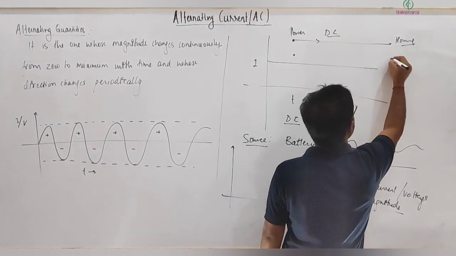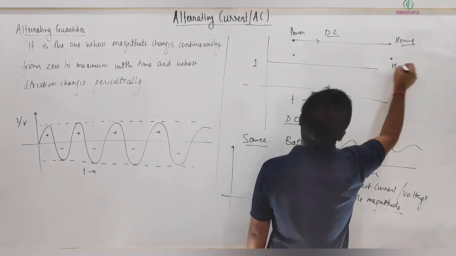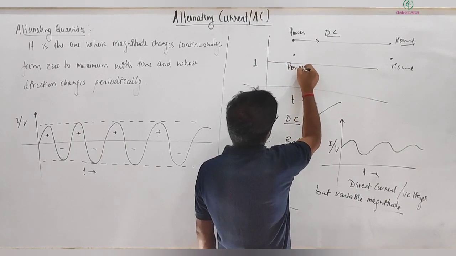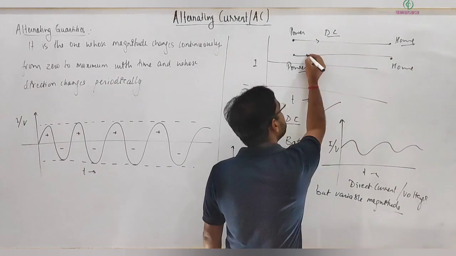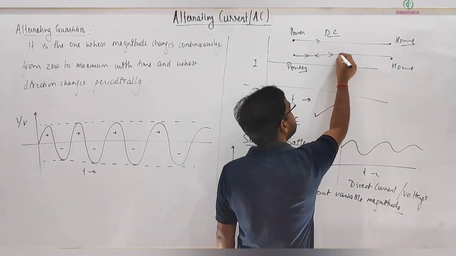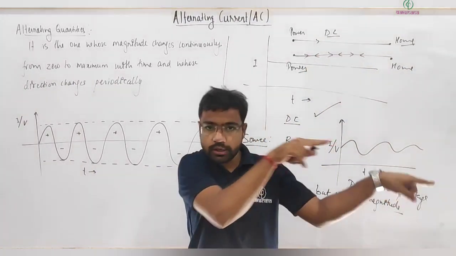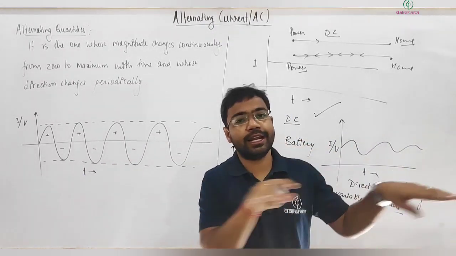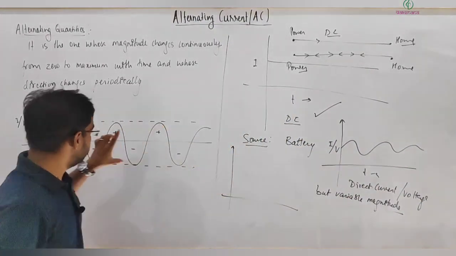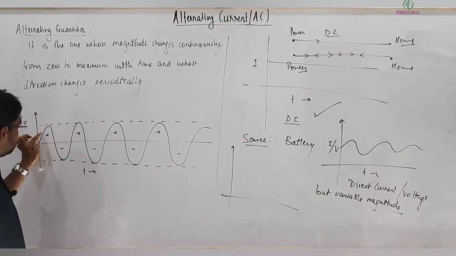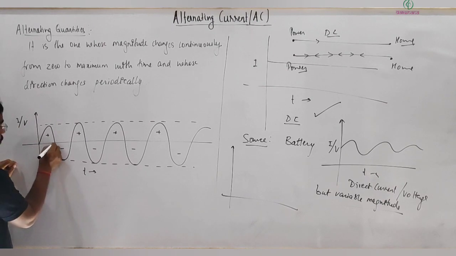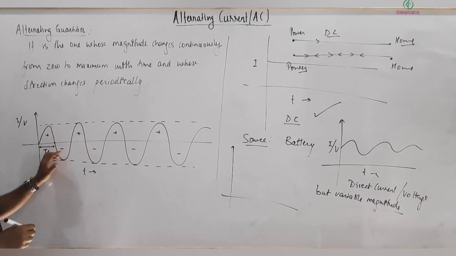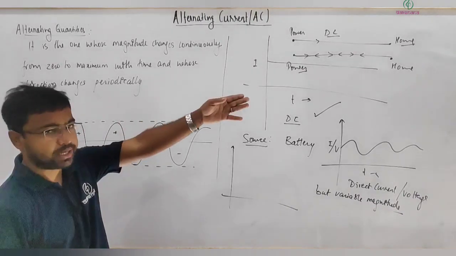In case of AC, this is the same home and this is the power generator. It flows this way, then this way, it keeps on going right, left. Its magnitude is changing continuously, and for this interval, which is my T by 2 interval, it's in the positive direction, flowing towards the right.